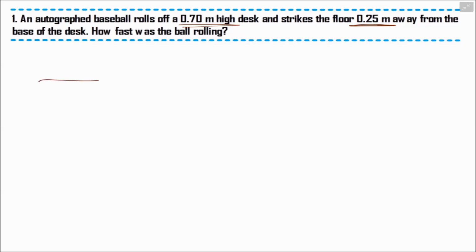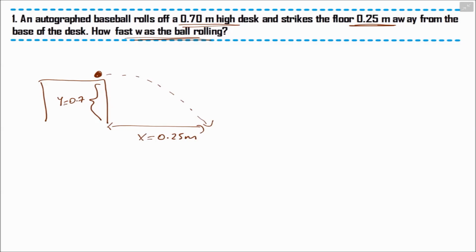If we draw the desk, and the height of the desk, that means y equals 0.7 meter, and the ball rolls off it and falls down like that. The x component of the distance is 0.25 meter, from the base of the desk. And the question asks how fast was the ball rolling.